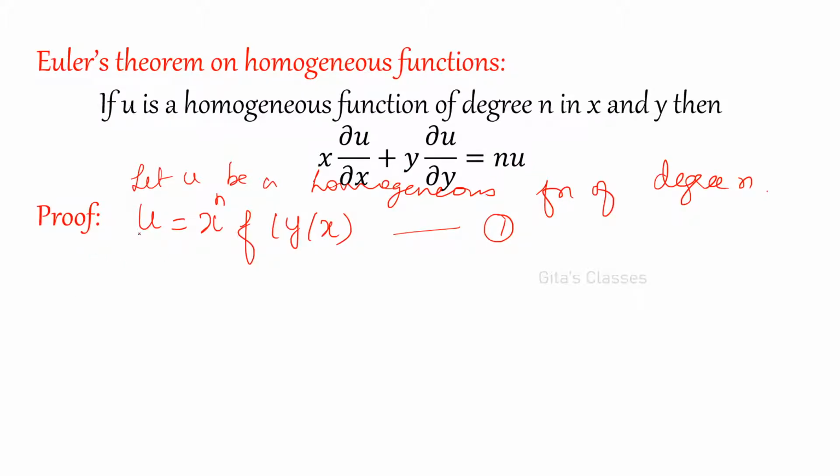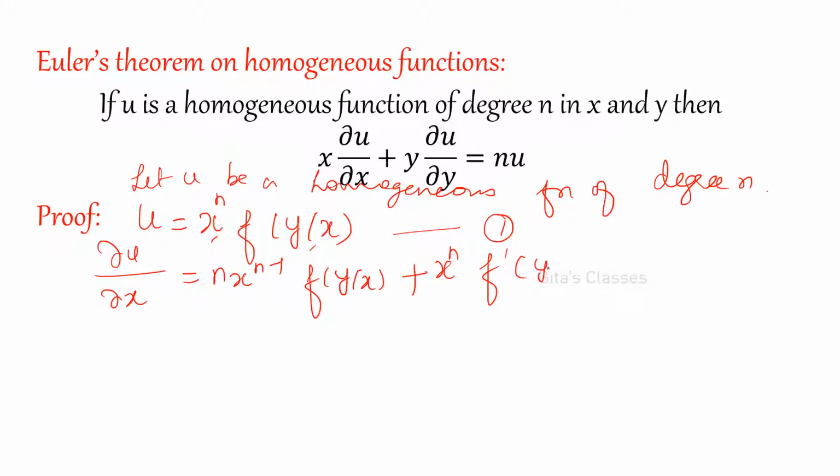Now let us differentiate this partially with respect to x. So dou u by dou x is what? Here you have x power n and f of y by x, two functions, so product rule, right? First let me differentiate x power n: n into x power n minus 1, and you keep the next function as it is, plus, now you keep x power n as it is and differentiate f.